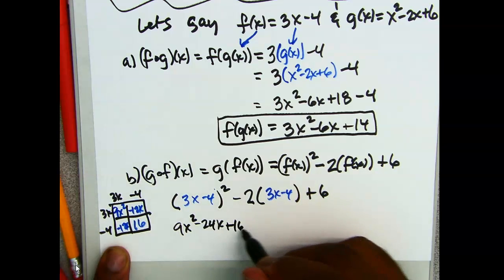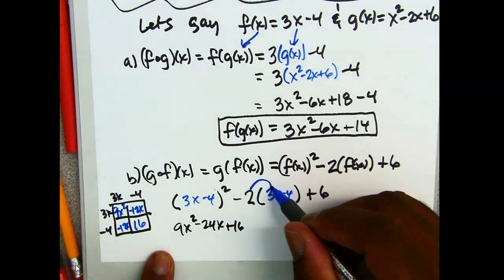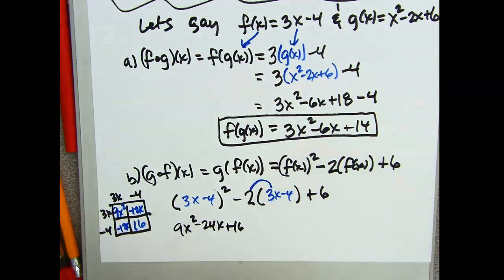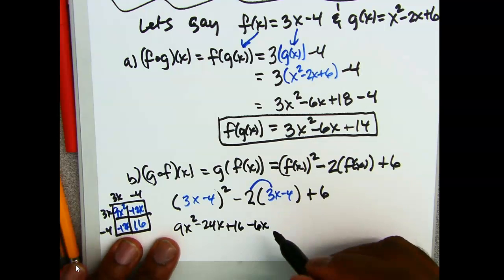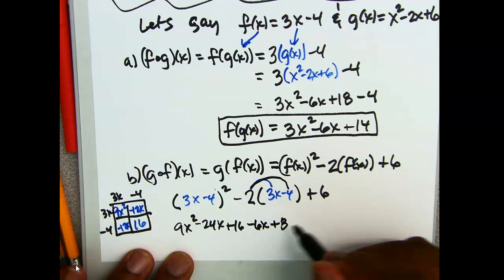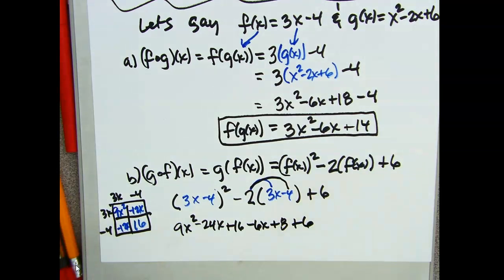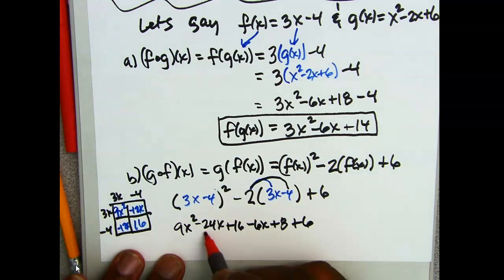And we still have to do this part. So negative 2 times 3x is minus 6x. Negative 2 times the negative 4 is plus 8. And now we have the plus 6. So let's combine our like terms. We have a negative 24x and a negative 6x.